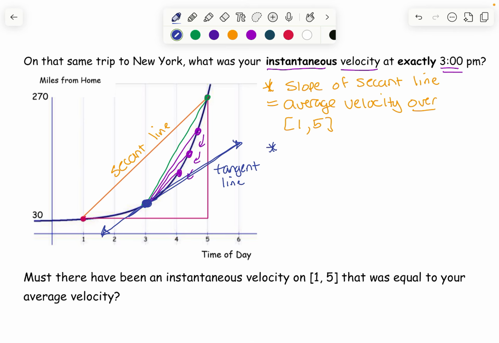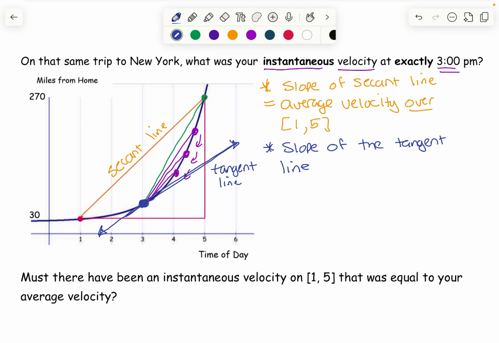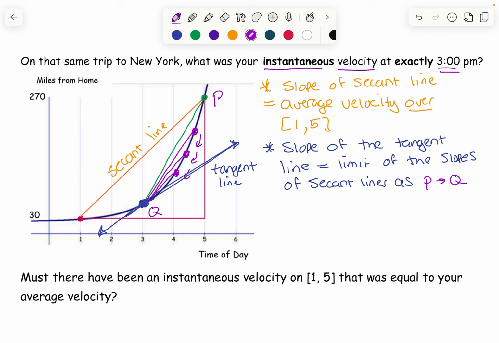And so we're going to see that the slope of the tangent line, which we're going to arrive at by taking the limit of the slopes of the secant lines, as we move, let's just call this point P, and let's call this point Q, as P gets closer to Q, that concept is what we call the instantaneous velocity.